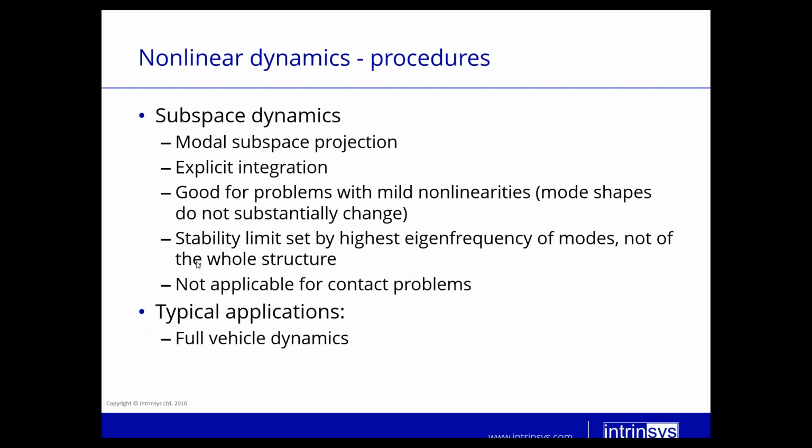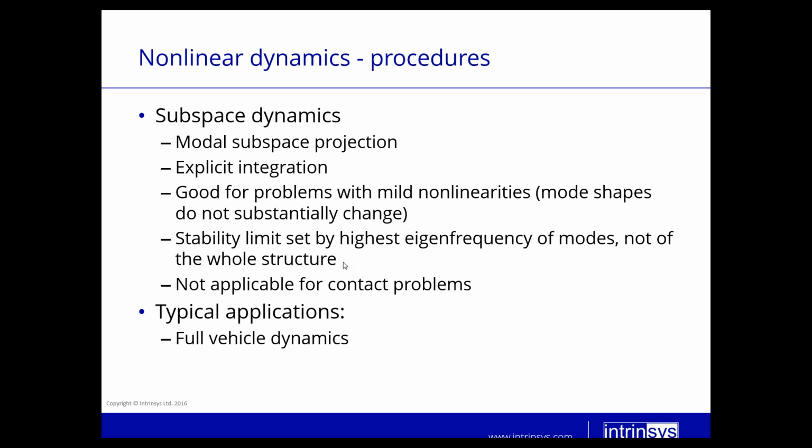And what's the big benefit of this is our stability limit is going to be set by the highest eigenfrequency instead of the actual structure's stability limit. That means these type of analysis can run much faster than an explicit analysis because you can take much higher time steps.